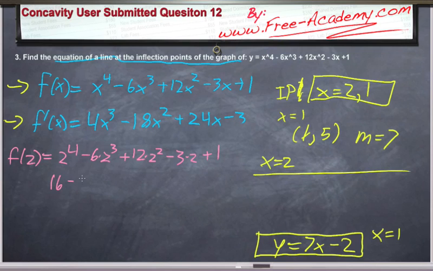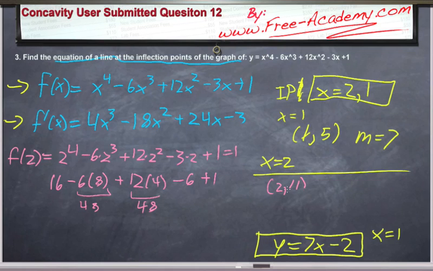This is equal to 16 minus 6 times 8, plus 12 times 4, minus 6 plus 1. That's 48 and that's 48. That's convenient, so those cancel. So we get 16 minus 6 plus 1, which is equal to 11. So at x equals 2, we get positive 11 for our y value.